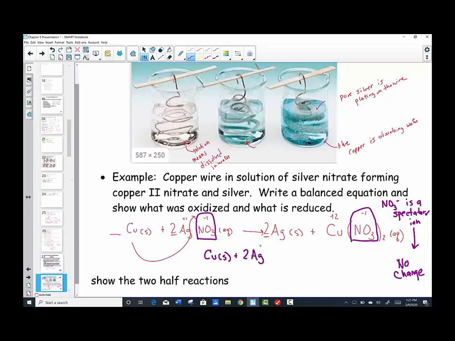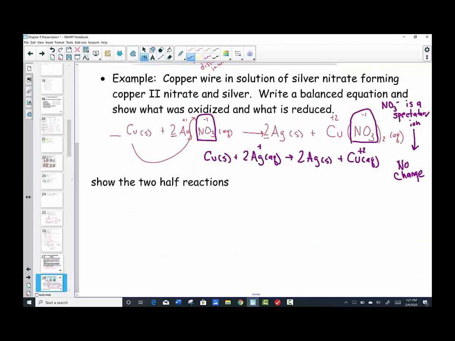And rewriting that in terms of showing solid copper reacted with 2 silver ions in solution to form 2 silver atoms in the solid phase and an aqueous copper ion. We have had a change of charge. And that's our very definition of a redox reaction.